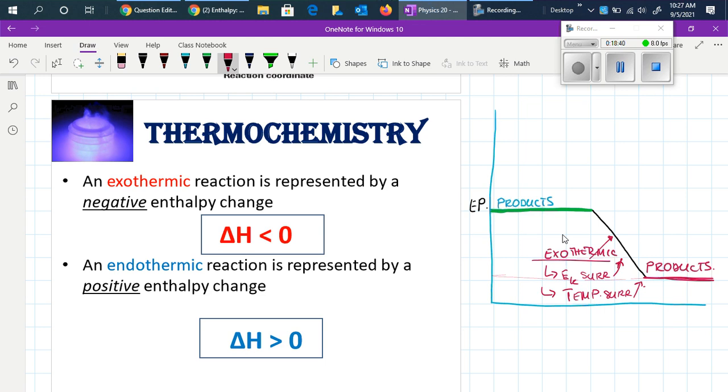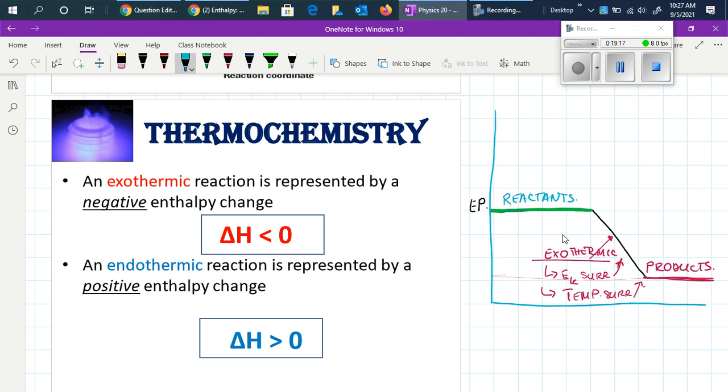However, when we have that the product is absorbing the energy from the surroundings, the enthalpy of the product is greater than the enthalpy of the reactant. Sorry, here we should have a reactant.